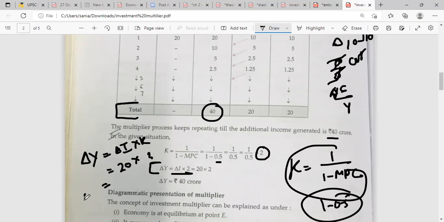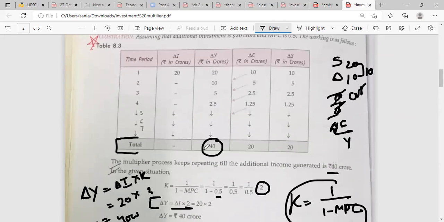So delta Y is 40 crore. If it is 40, this will be 20 and this will be 20. Clear? Because income equals consumption plus savings. If you know these two, you can find this one, right?